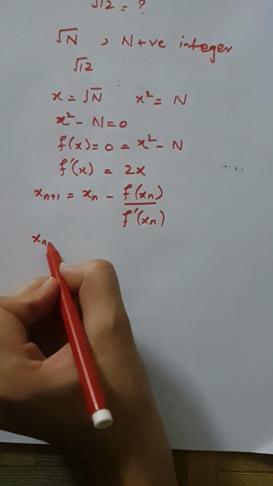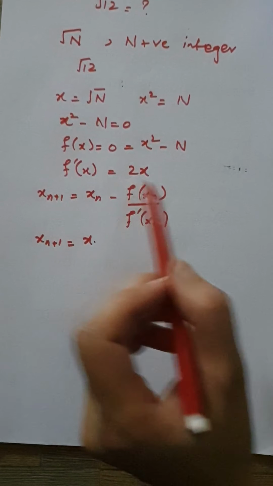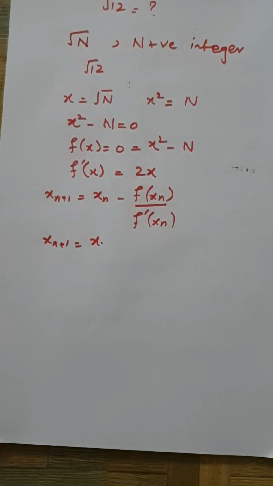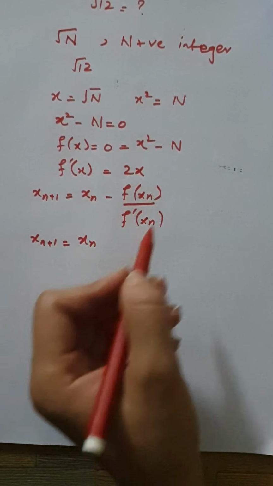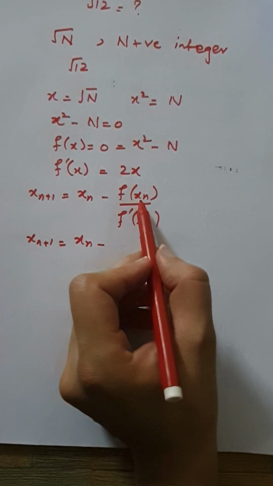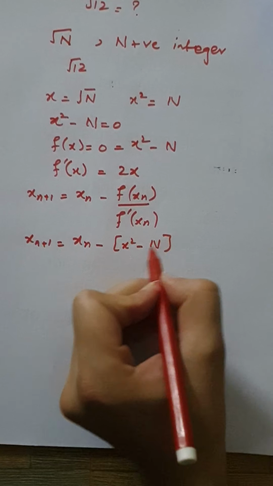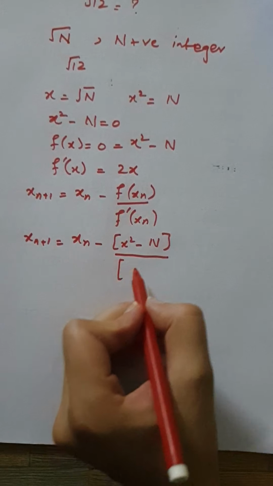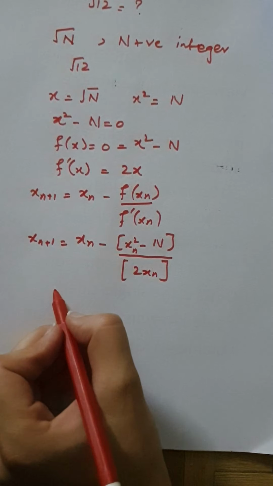So x of n plus 1 is equal to x of n minus f of x of n, which is x square minus n, divided by the derivative of the function, which is equal to 2x of n, and I am making this a subscript everywhere.